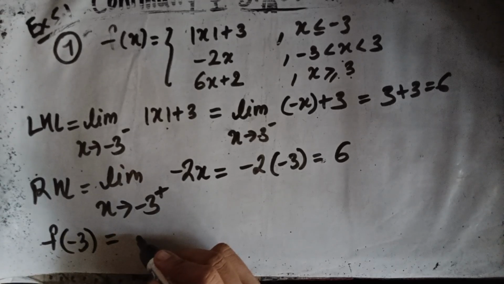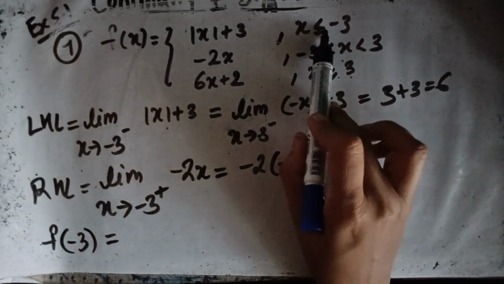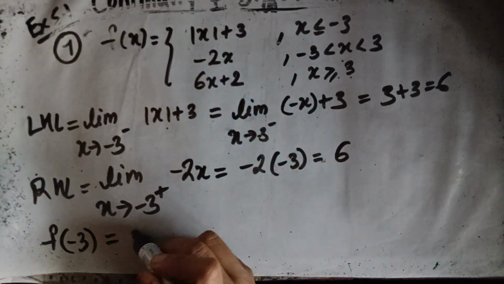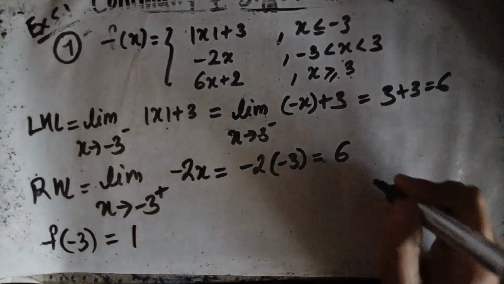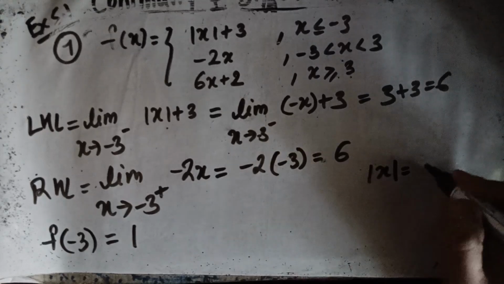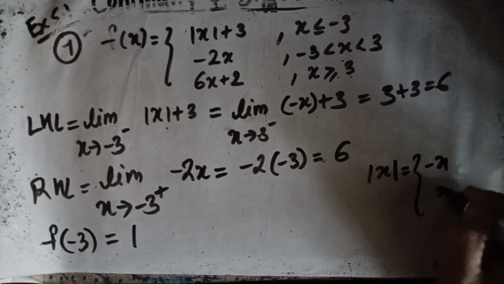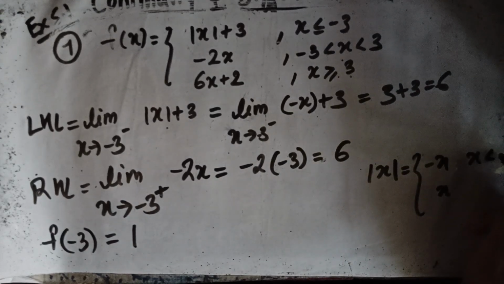At minus 3 you have to take this again. Whenever you have mod of x, it is defined as minus x if x is less than 0, and x if x is greater than or equal to 0.